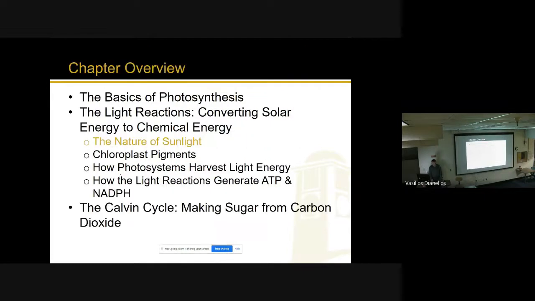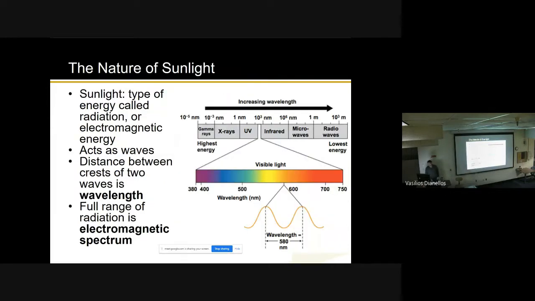All right. This bullet point we can do very quickly and easily because I've been talking about it already. This should be a review for you. The nature of sunlight. Sunlight is a type of energy called electromagnetic energy. And that is yet another question that I will not be asking you on the exam. Light is interesting.